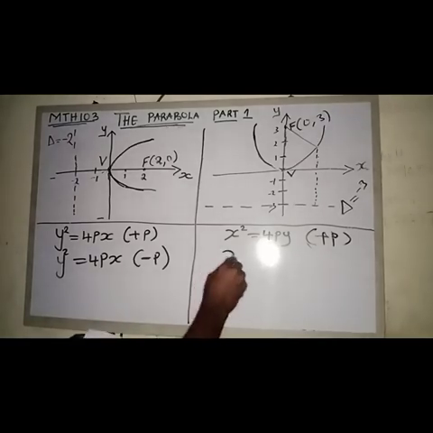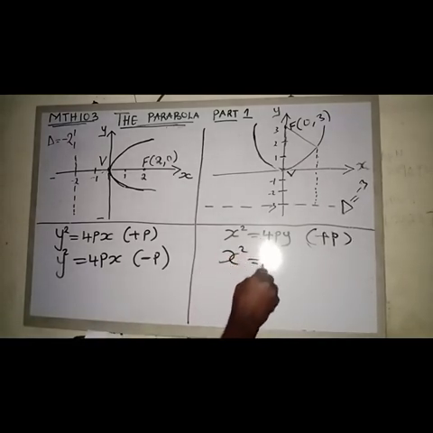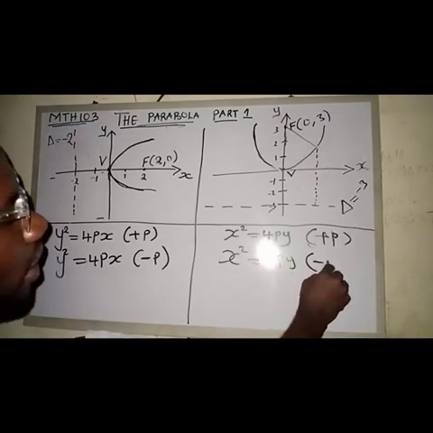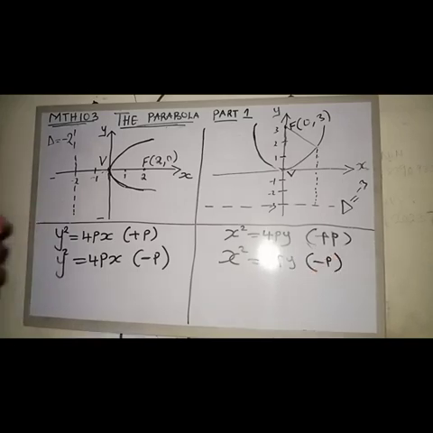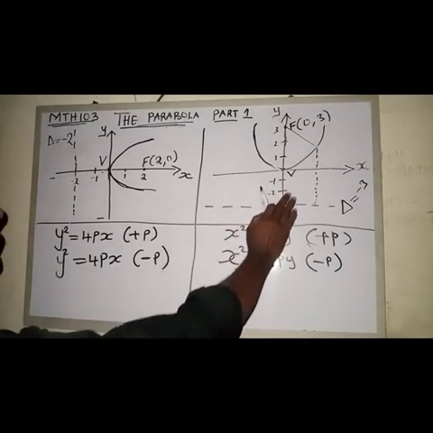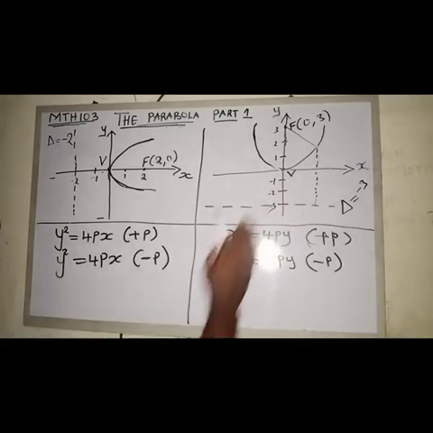But when we have x squared is equal to 4py and our p is negative p, it means that the parabola curve will open on the negative y.